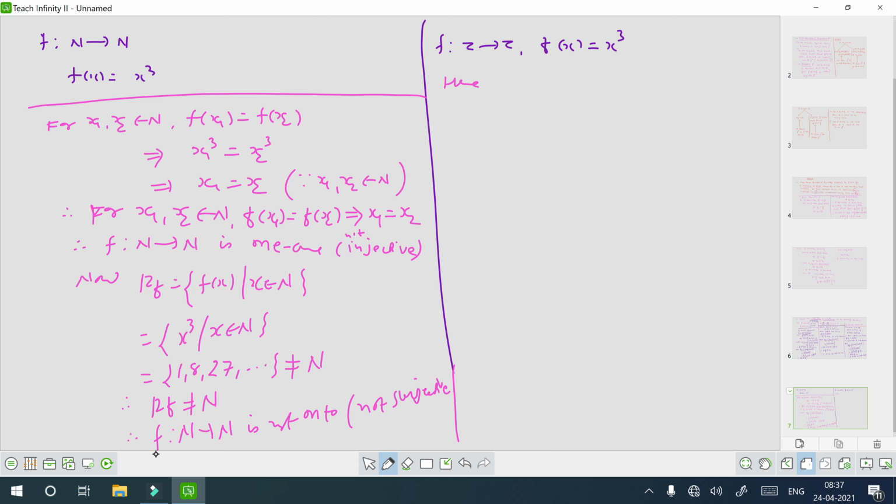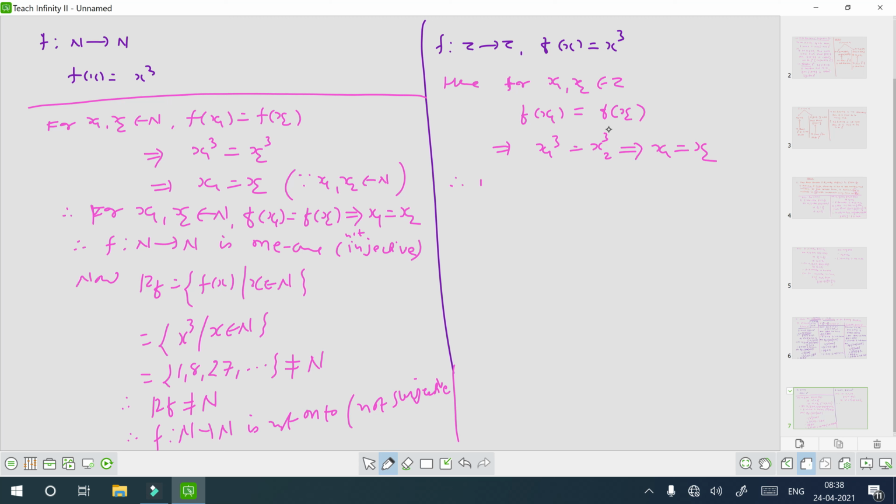Here Z to Z is given. For x1, x2 belongs to Z, f of x1 is equal to f of x2 implies x1 cube is equal to x2 cube. And this implies x1 is equal to x2, because cubes of two integers are the same only when both integers are the same.